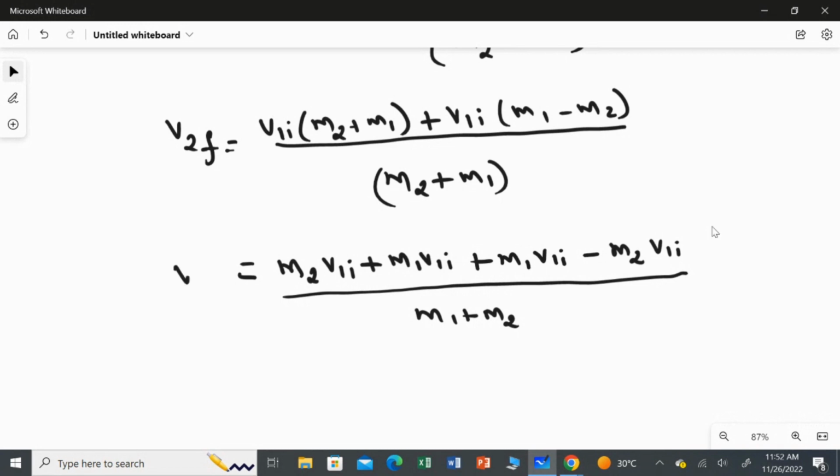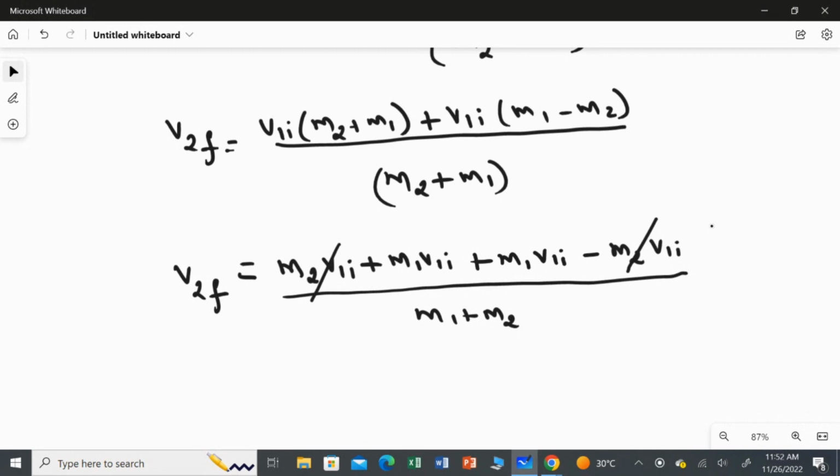Clear? In the left hand side we have V2 final. Now we can cancel some terms. You can see here we have m2 V1 initial as a positive term, and likewise here we have m2 V1 initial as a negative term. So I can cancel these two terms, right?